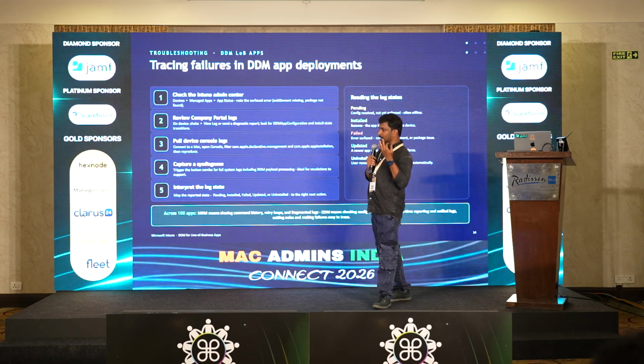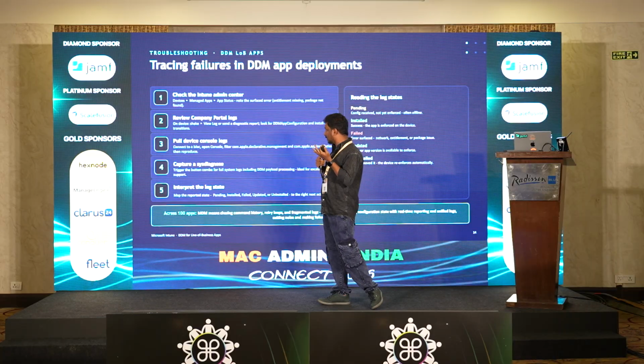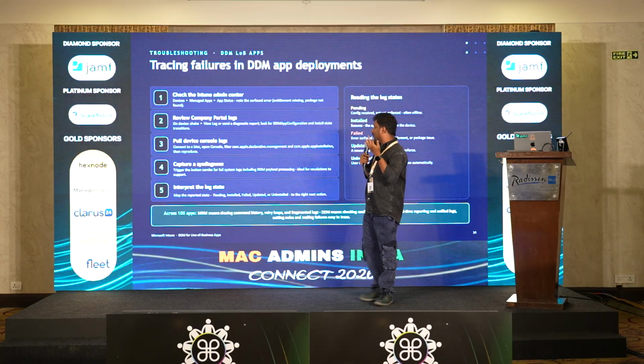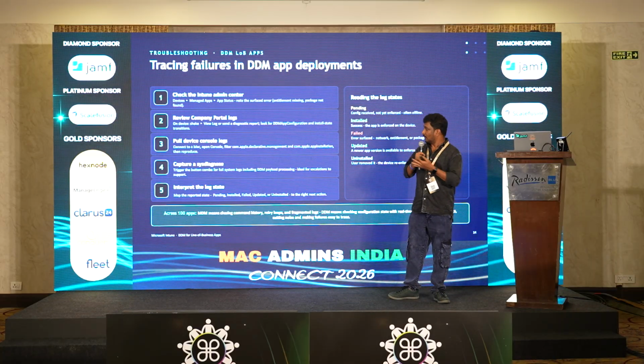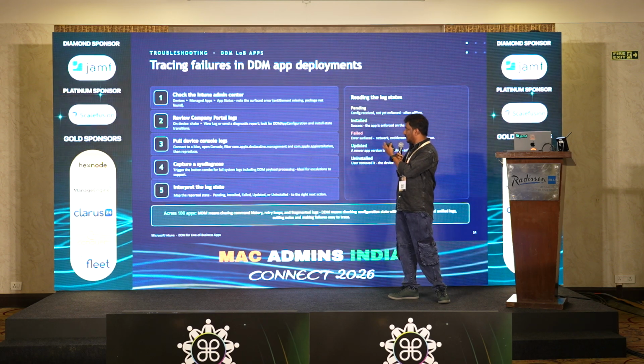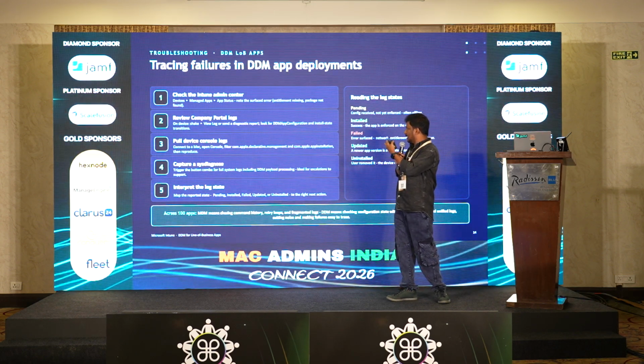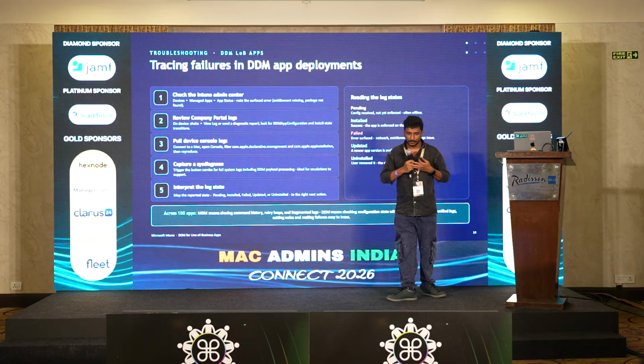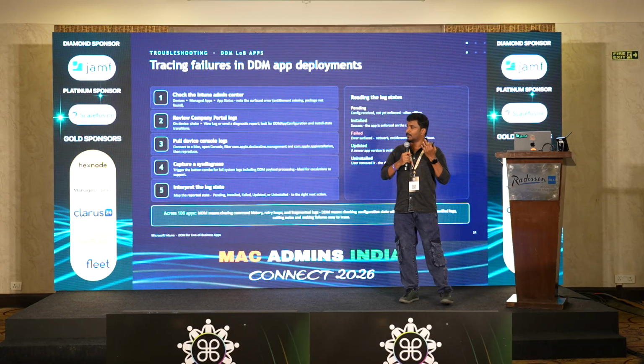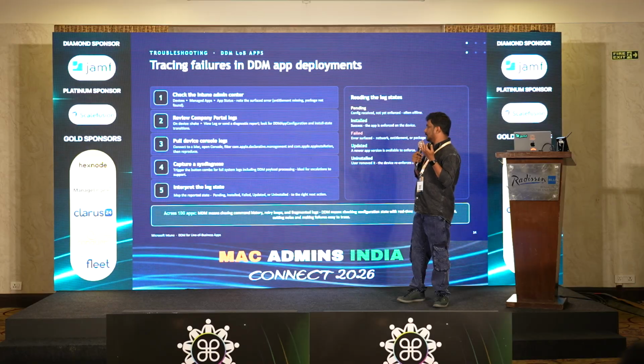If you connect that particular device to MAIC and open the console, you can filter using what I mentioned here: com.apple.declarative device management, and also apple.installation for the responses. The good thing about DDM is it can interpret the log status.